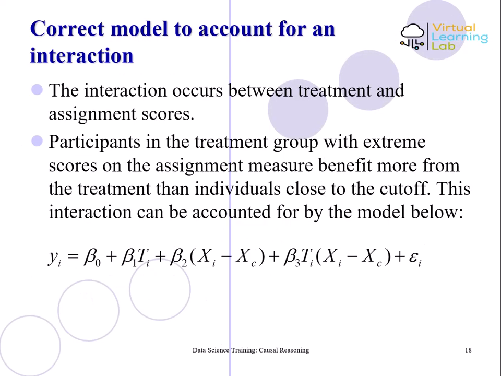So in this case, we've modified the model by including that interaction, which would solve this problem. So this model is expanding on the ANCOVA model, where we also add the product of treatment and the assignment variable to capture that interaction term.